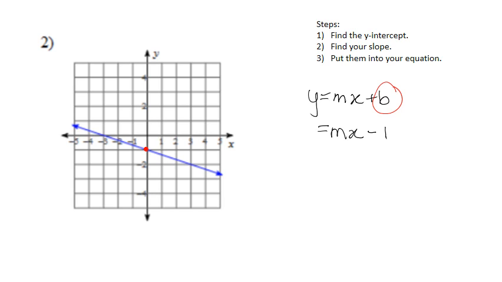My next step is to find my slope, and I need 2 nice points to do that. So I've got my one nice point at my y-axis, and my second nice point is here. Now I need to remember that my m, or my slope, is always rise over run. The key thing to look at here is that usually the rise goes up.